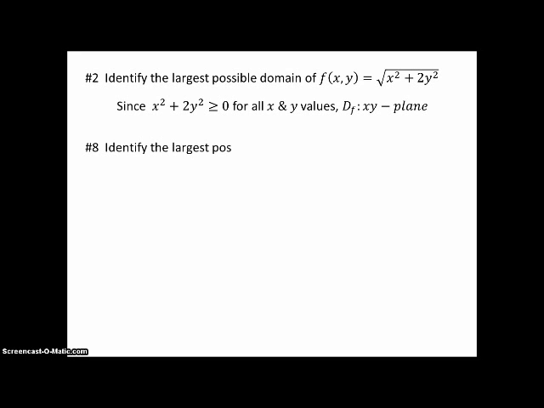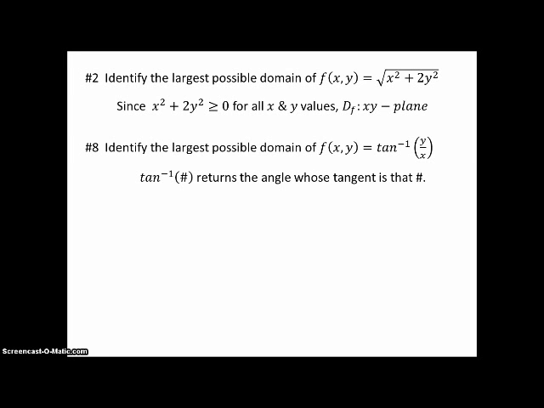Number 8, identify the largest possible domain of f of x, y equals the tan inverse of y divided by x. Okay, so tangent inverse of a number returns the angle whose tangent is that particular number. And tangent values run the gamut from negative infinity to infinity. So y over x can take on any value at all.